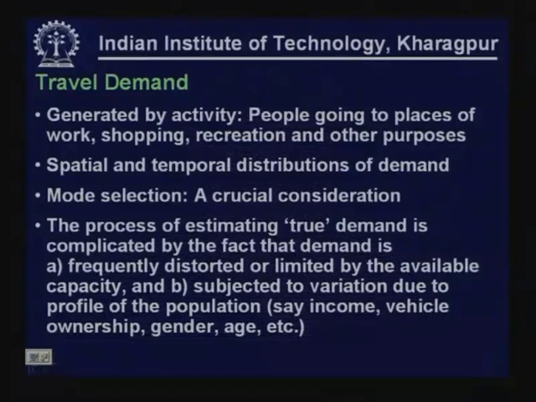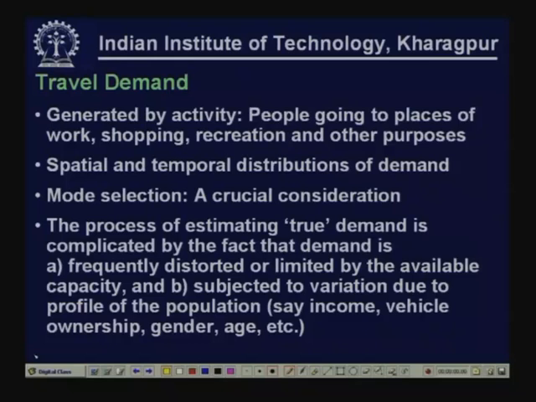The spatial distribution of activities generates demand. Because demand is there, we need to provide supply, and supply also influences the demand pattern. So, it is a two-way interaction. It is basically generated by activity, and both spatial and temporal characteristics of the distribution of demand are important.